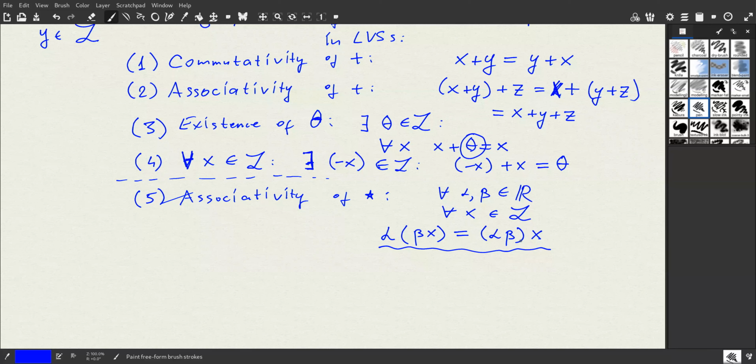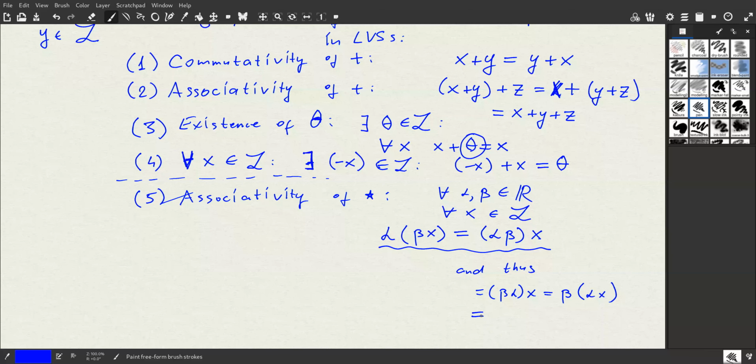But if this axiom holds, then we can continue. As an immediate consequence, because real numbers commute in multiplication, we can write it as beta alpha times x, and therefore this is equal to beta times alpha x.